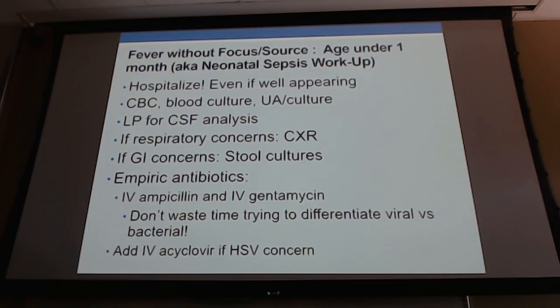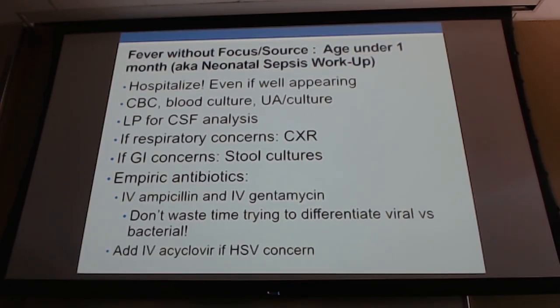So, that neonatal sepsis workup. They get to go to the hospital and they get to stay with us. So this should be a review basically from block 1. So even if they look okay, there's the reports of the fever, they're under 2 months old, specifically under 1 month old, those ones no go. So under that 1 month old, review from block 1, but kind of delineating it out.